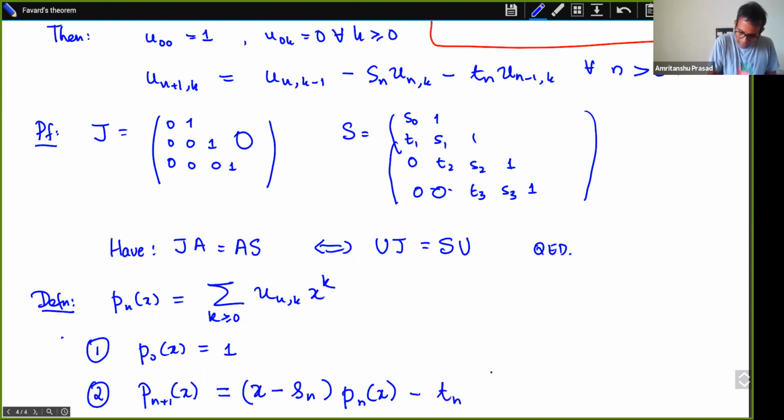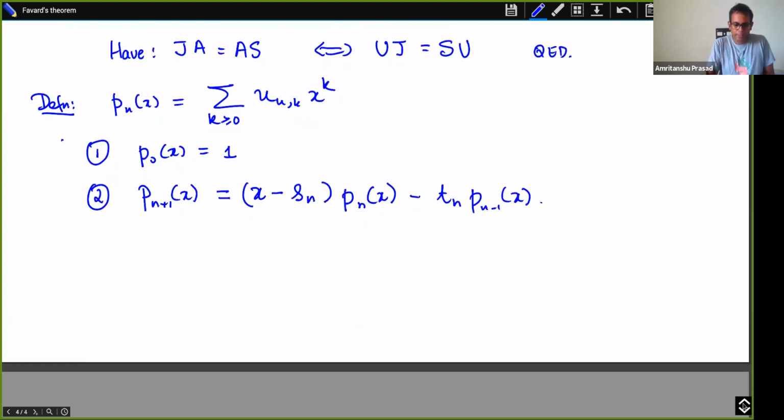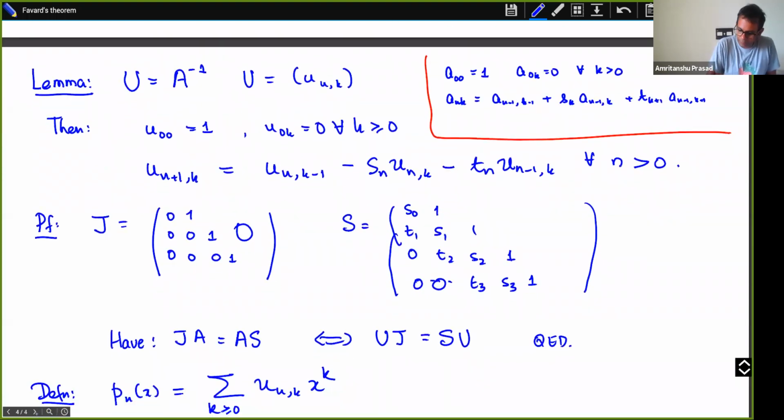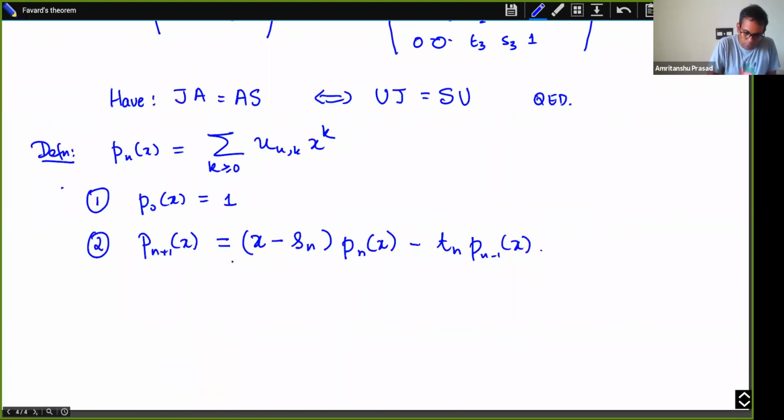Minus Tn, and here there's a u_{n-1}, so I should put u_{n-1}. So that's what these relations become in terms of the orthogonal polynomials. This one can be rewritten as x P_n(x) is equal to P_{n-1}(x) plus S_n P_n(x) plus P_{n+1}(x).